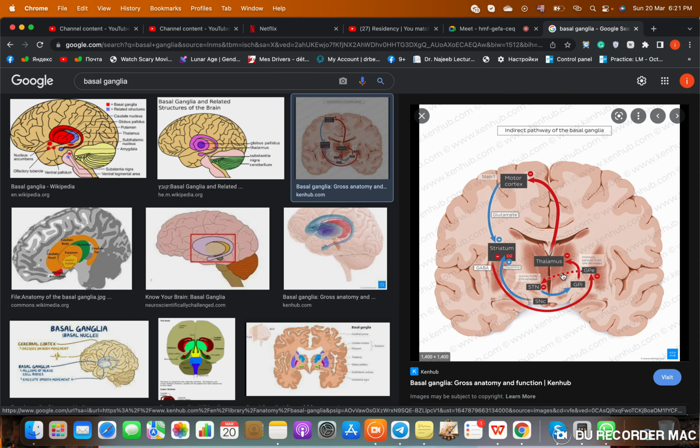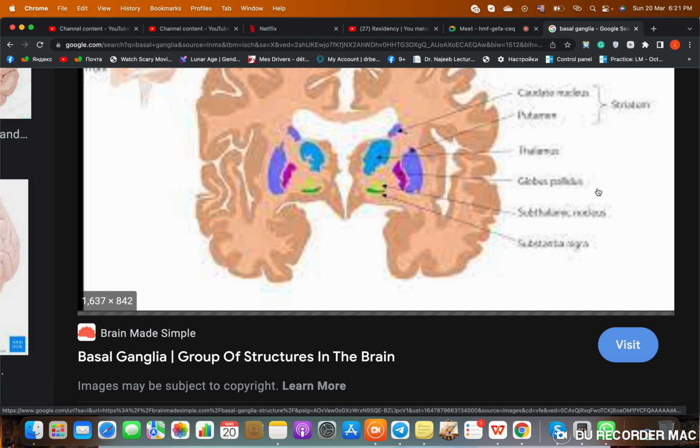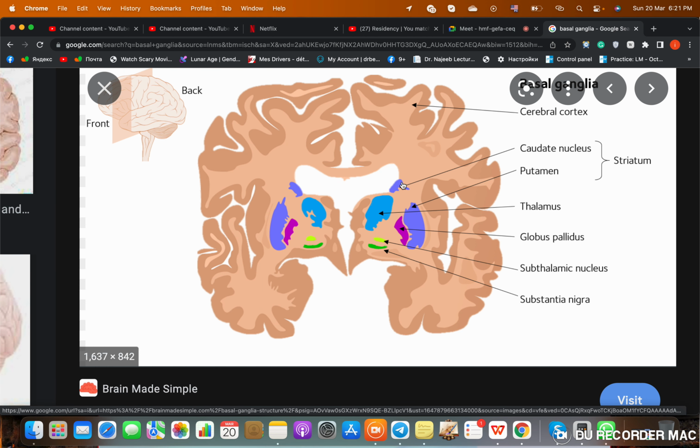So, for example, if you take a look at this one, which is a much better picture, you can see the caudate nucleus, which means the tail-like nucleus. You can see the thalamus and the hypothalamus, okay? By the way, does anybody know what thalamus means?